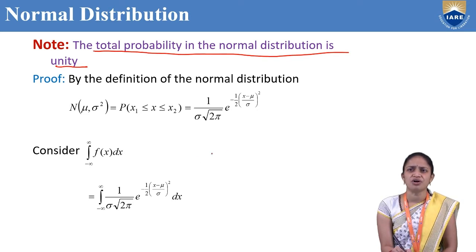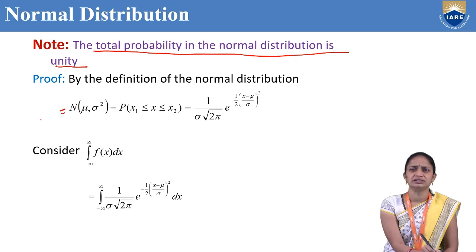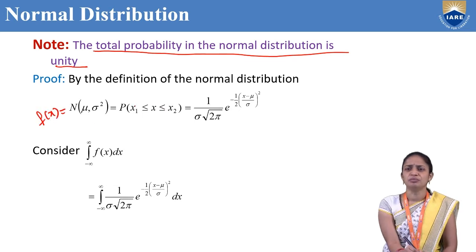By the definition of the normal distribution, N of mu comma sigma square, f of x is equal to 1 by sigma root 2 pi e power minus 1 by 2 into x minus mu by sigma whole square, for x1 less than or equal to x less than or equal to x2.